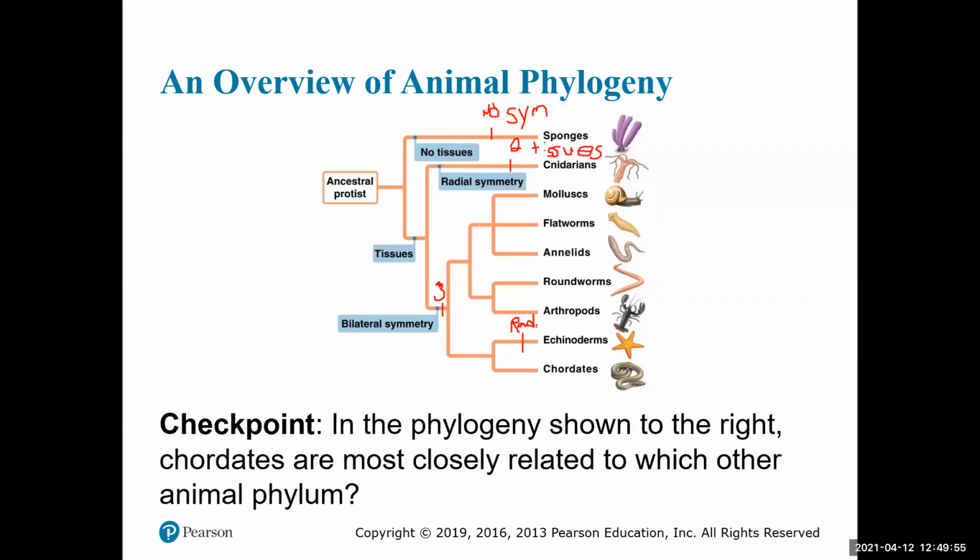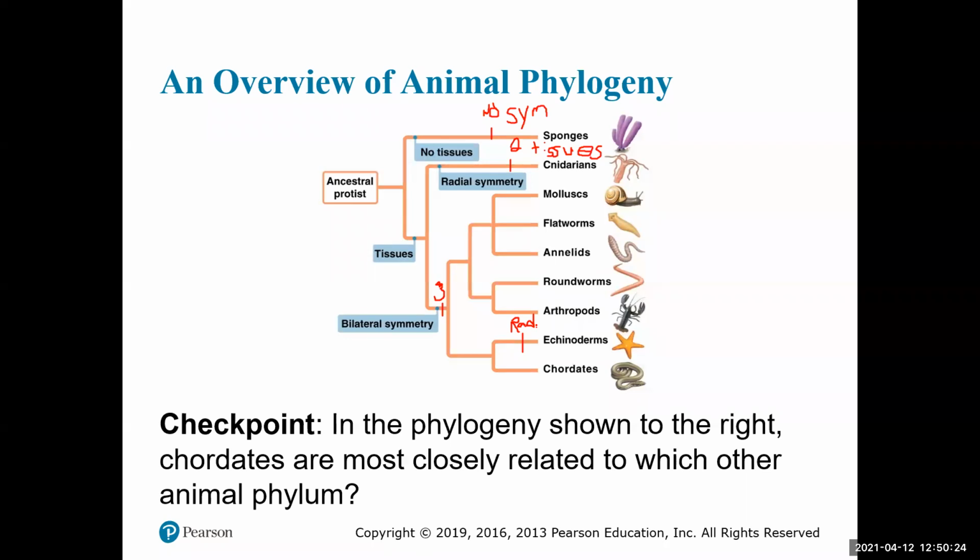Now, this is secondarily radial, so they basically re-evolved radial symmetry after it was lost in the other phyla. But what's interesting with echinoderms is their larvae are bilaterally symmetrical, and the adult forms are radially symmetrical. Right? That's a little interesting thing about echinoderms.